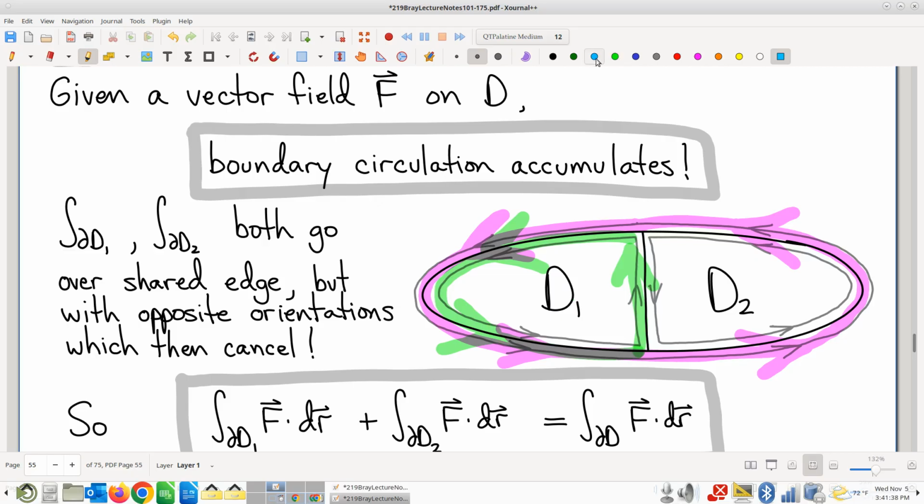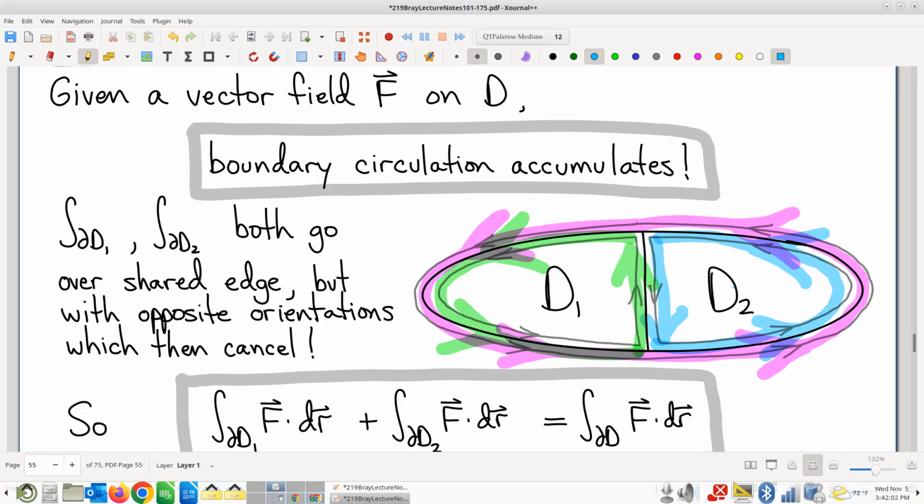We'll keep going. We'll look also at the right. And on the right, boundary circulation would go like so. Now I've just got more problem, arguably. Again, this shared edge in the middle, there's no purple where this green and blue are.